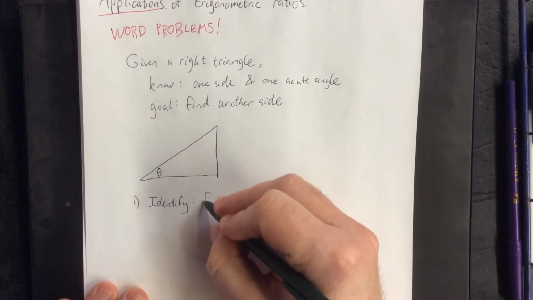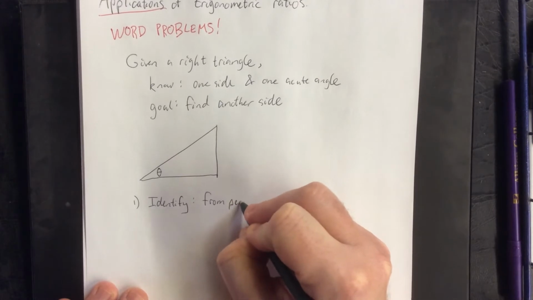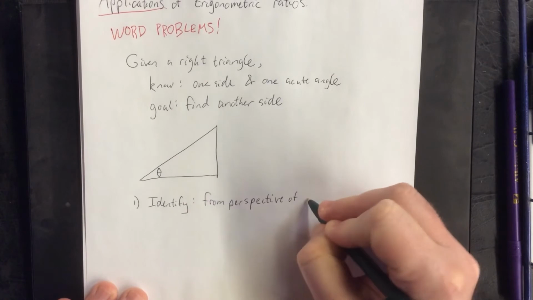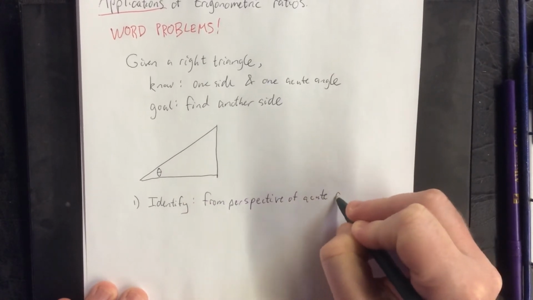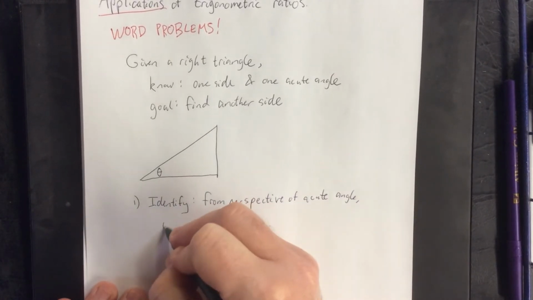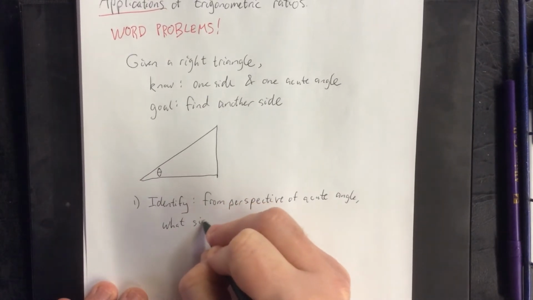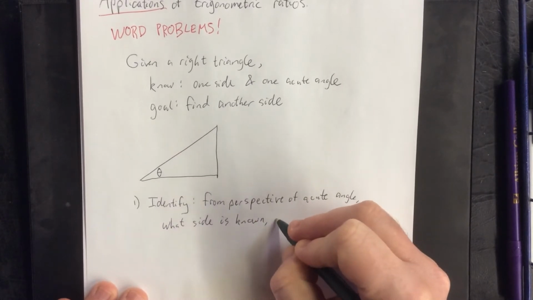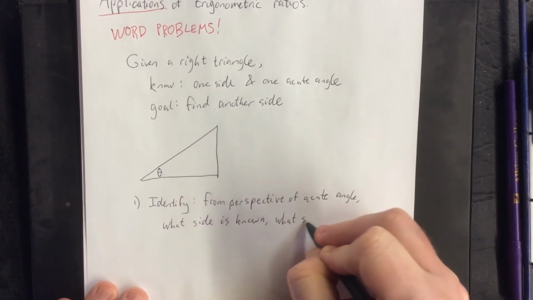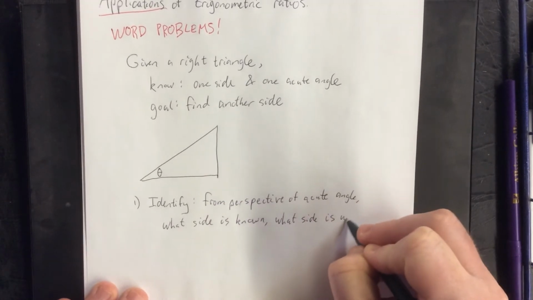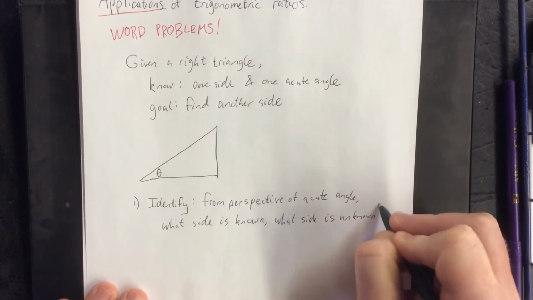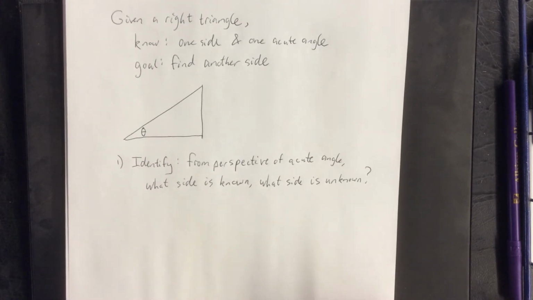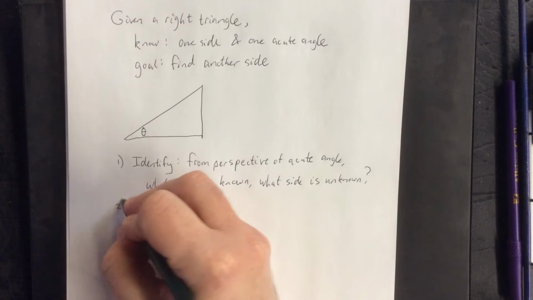So, from the perspective of the acute angle, what side is known and what side is unknown?